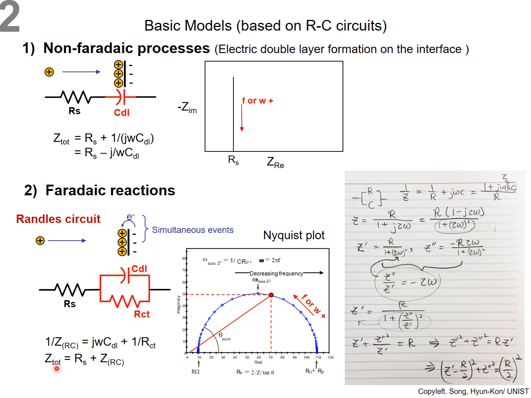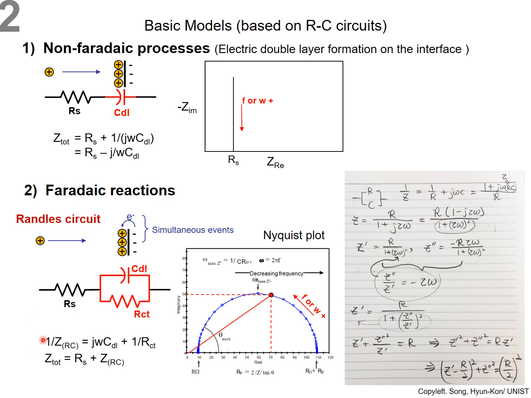Total impedance is the sum of solution resistance plus the impedance of the parallel circuit of R and C. So let me say Z, R and C in parallel. Also, the impedance of the parallel circuit of RC can be obtained by reciprocal summation of those two components.